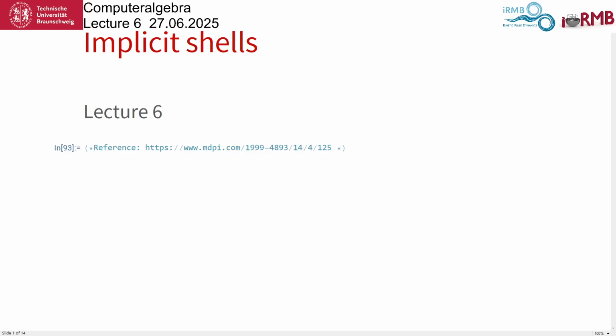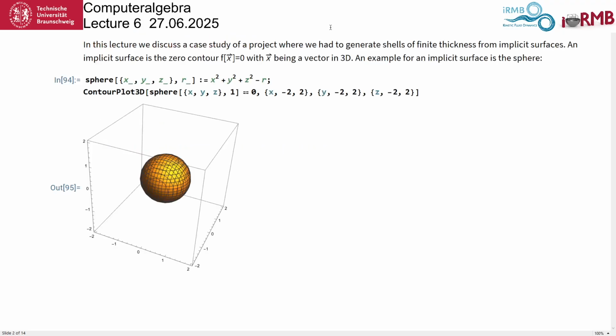So it's about implicit shells. Why do we need implicit shells? In engineering, we often have to represent objects mathematically.